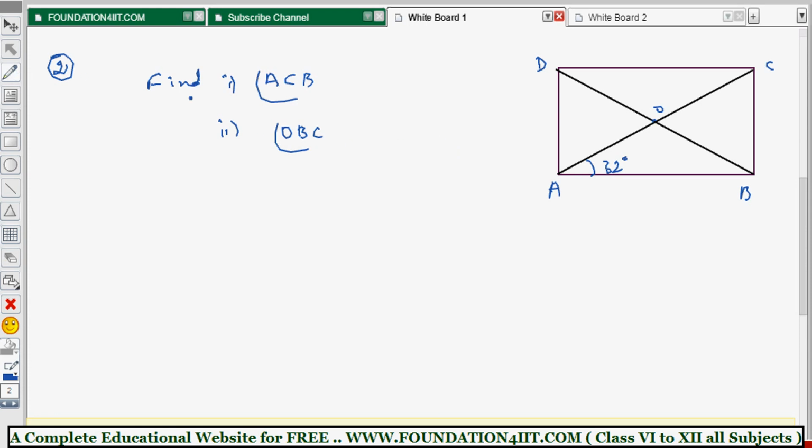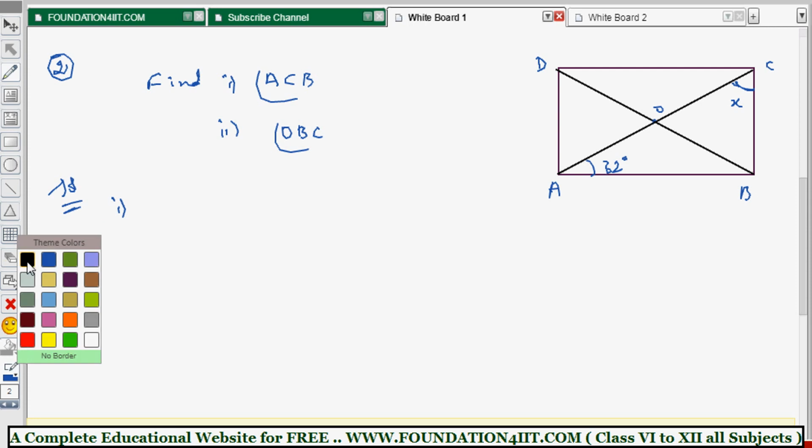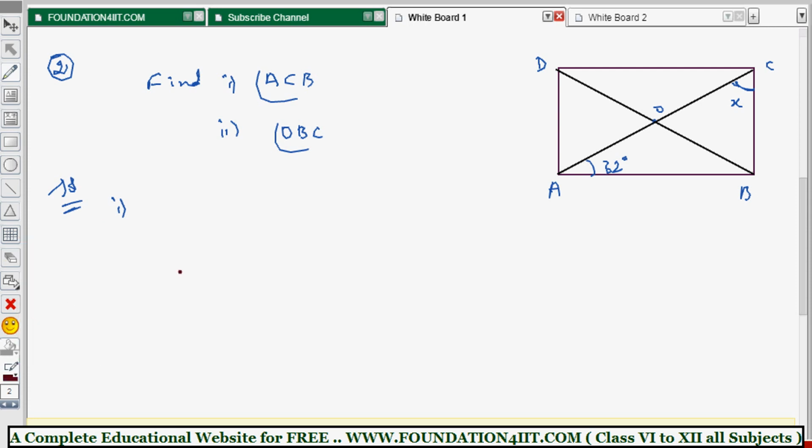So let's take angle ACB. ACB is here; I'm taking it as X. So you need to do this first part. The sum of the angles in a triangle is 180 degrees, and the total angle B is 90 degrees because every angle in a rectangle is 90.